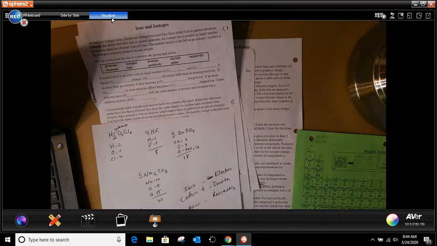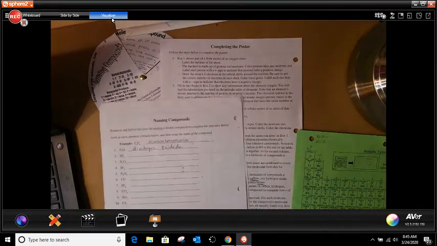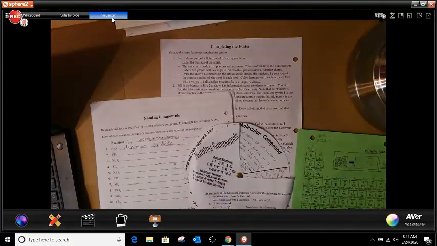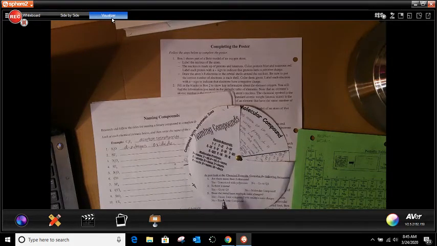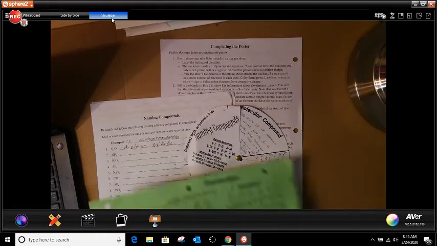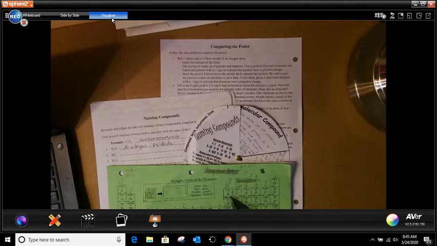Okay? Now the next page that we're doing is the naming part. So what you're going to need to do is use your wheel. The first one was C2F4. The first thing I'm going to do is ask, is there more than 2 elements? No, there's only 2, right? Is there a metal? Well, let's see. They're back over here.